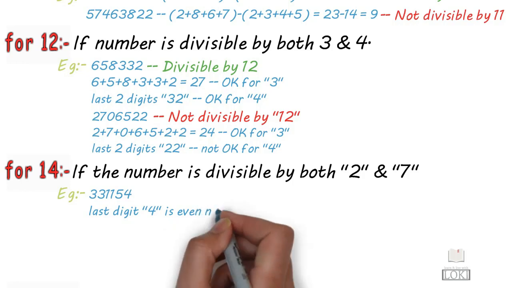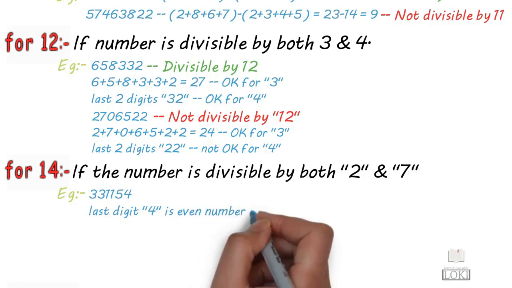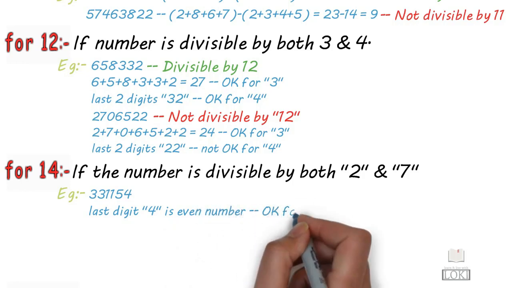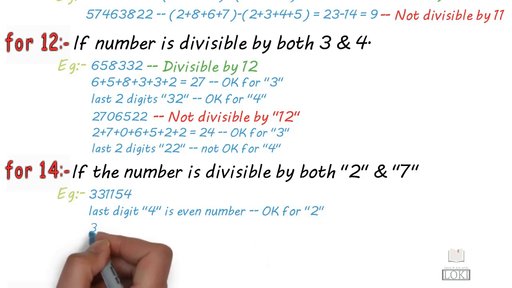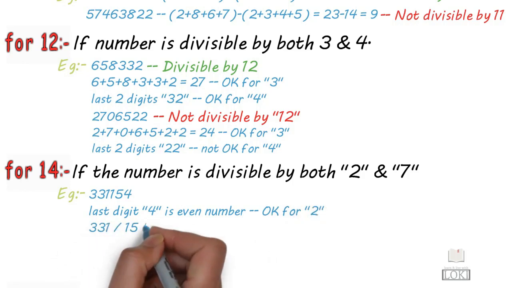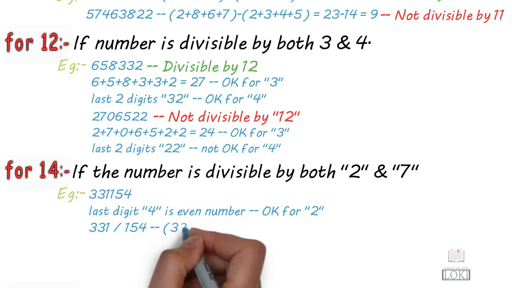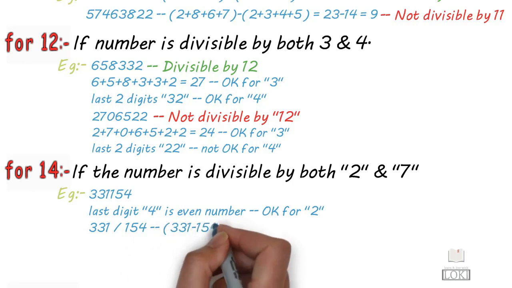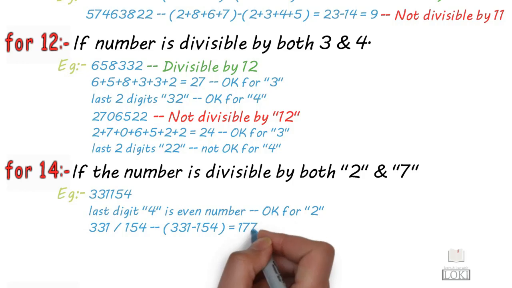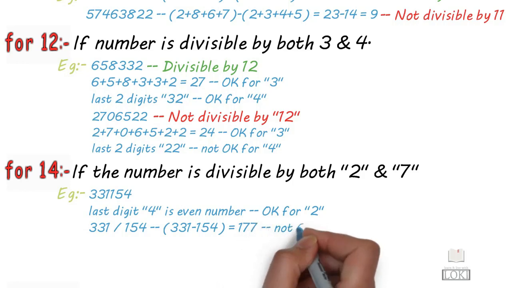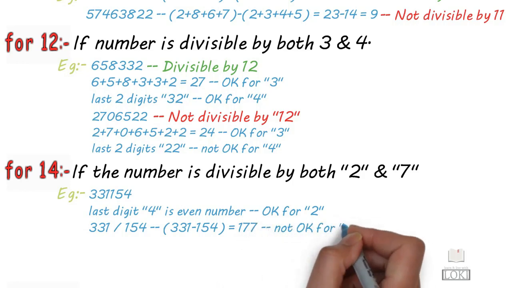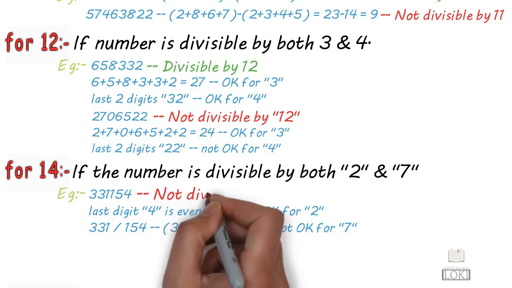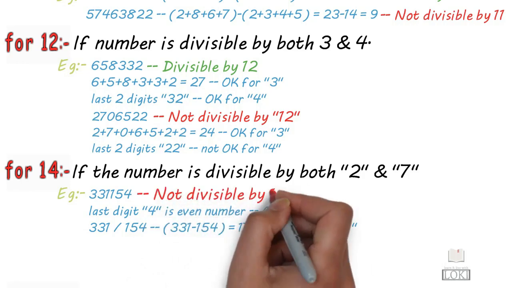And for 7, we need to divide the number into groups of 3 digits, and after that we need to find the difference between the odd places and even places. Here 331 minus 154 gives 177, but 177 is not divisible by 7, so this number is not divisible by 14.